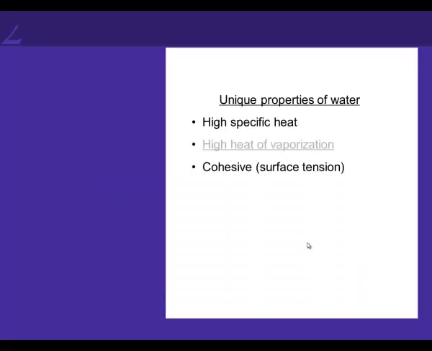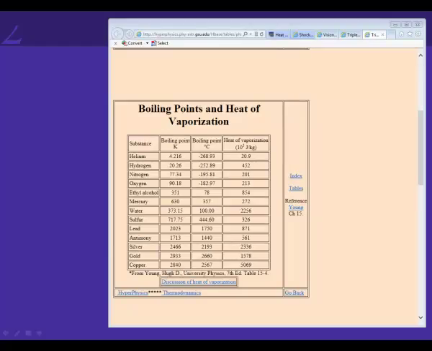Water also has what's called a high heat of vaporization. And this refers to the amount of energy that it takes to convert liquid water into a gas, basically to get it right at the boiling point. And this chart just compares water to some other substances. And so I want to call your attention to this column on the far right-hand side of the table.